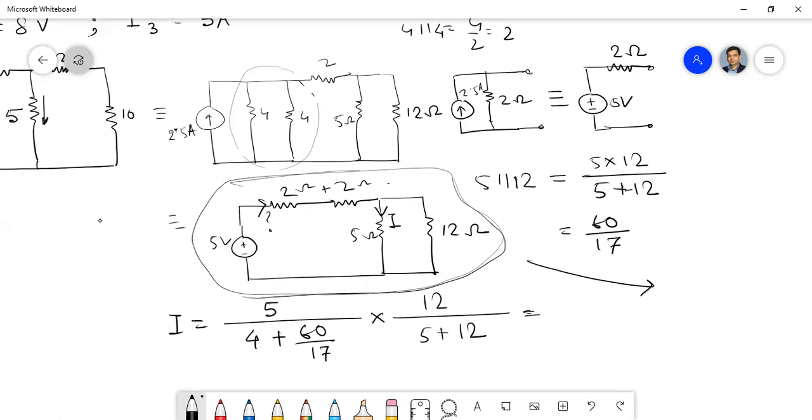So one more step I should draw here, then you will understand it. 5 volt in series with 4, and here the parallel combination is giving 60 by 17. So this is the circuit. Now what will be the current? Suppose I dash. So what will be the current?